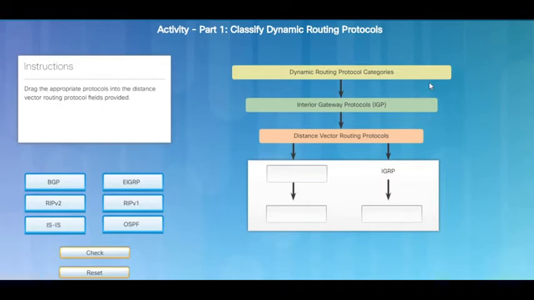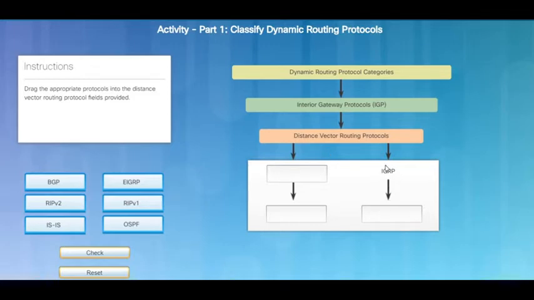So we have, I think this was based from the graph that was shown earlier this module. Under DRP categories, we have interior gateway protocols. Under distance vector, can you fill in the correct types under distance vector routing protocol?